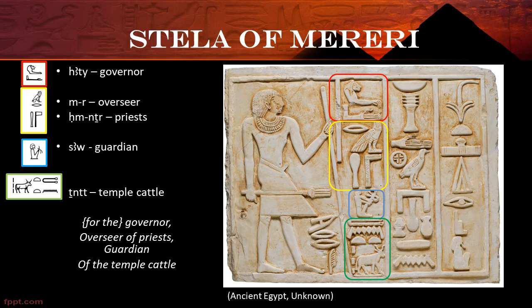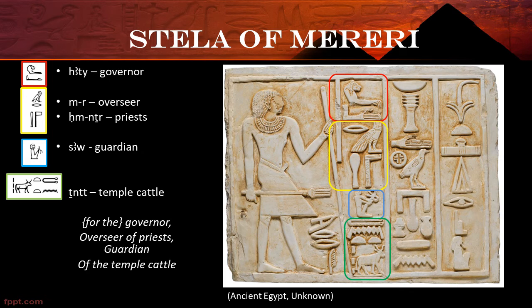The reason for this is the bent stick, the word for god, netjer, is considered an honorific word. Therefore, it will come first, even though you say it second. So we have mur hem netjer, even though that's not exactly how it's written. So he is the overseer of priests.